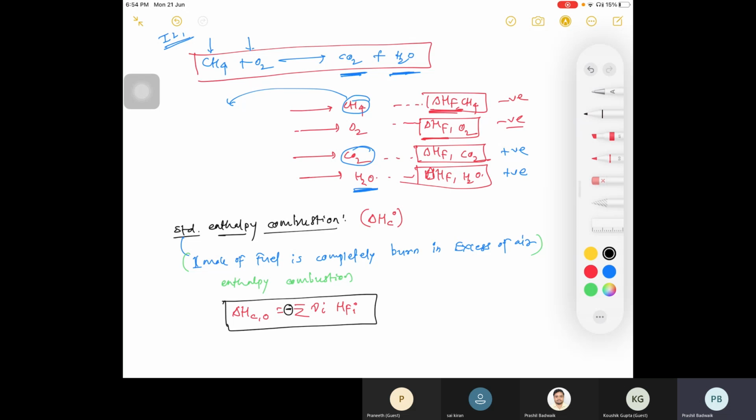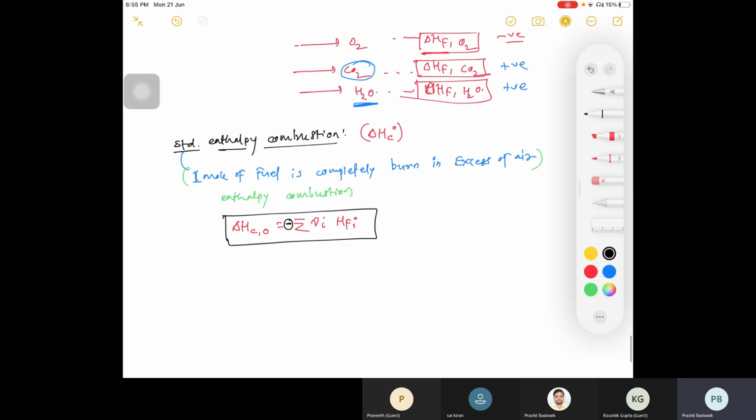Now can you guess why I wrote the negative sign? So 1 mole of fuel means the fuel is the reactant. Yeah, fuel is your reactant, so your fuel should be on your reactant side, okay?